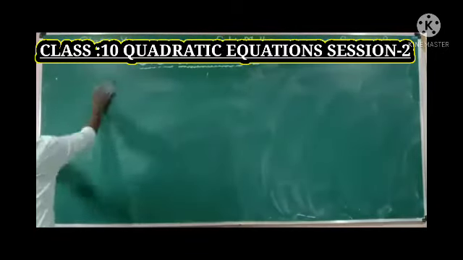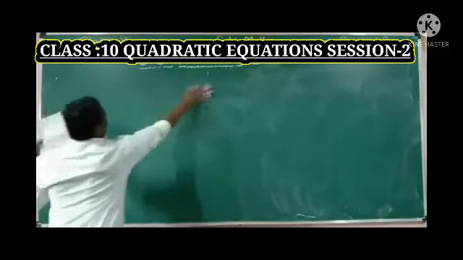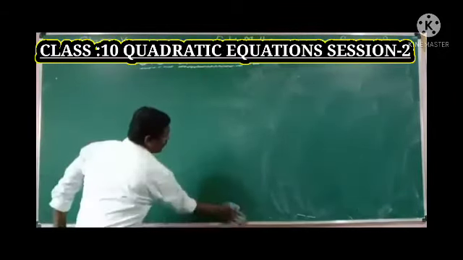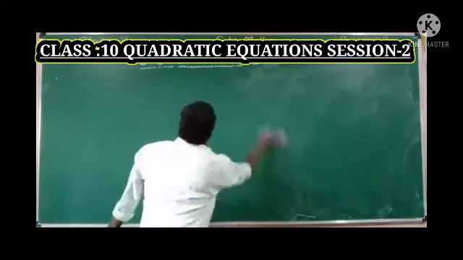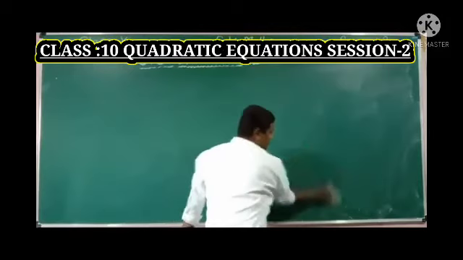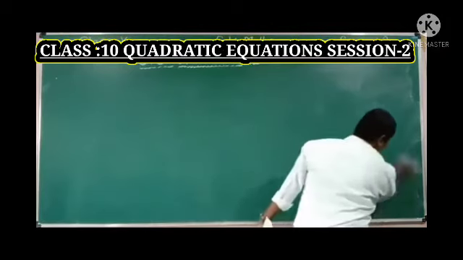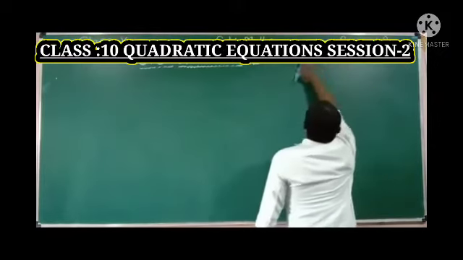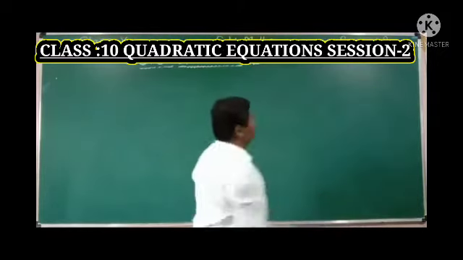Here they give some equations. You just need to simplify the given equations. After simplifying, if you are getting the quadratic equation, it means the final value is in the form of ax square plus bx plus c, and you need to write the coefficient of x square, coefficient of x and constant term.